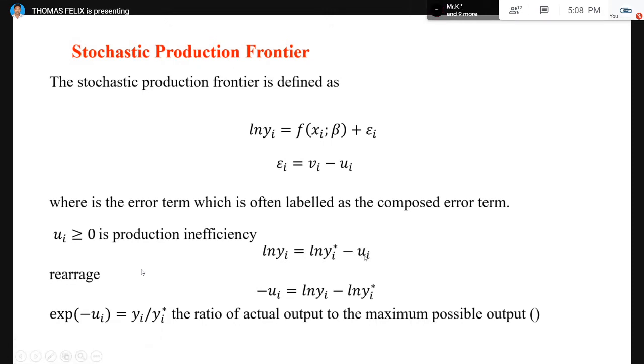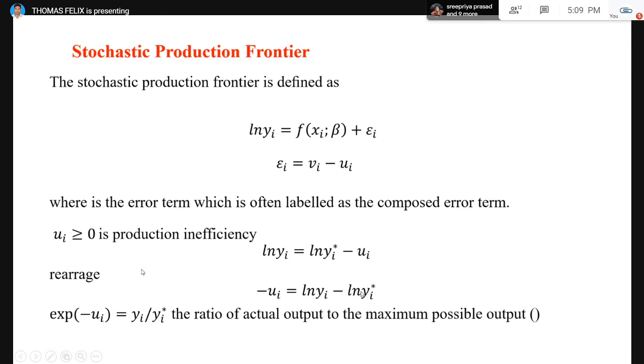Now I am rearranging this equation. I keep the minus UA and take the predicted ya star to the left hand side. That is, I will get ln of ya minus ln of ya star.